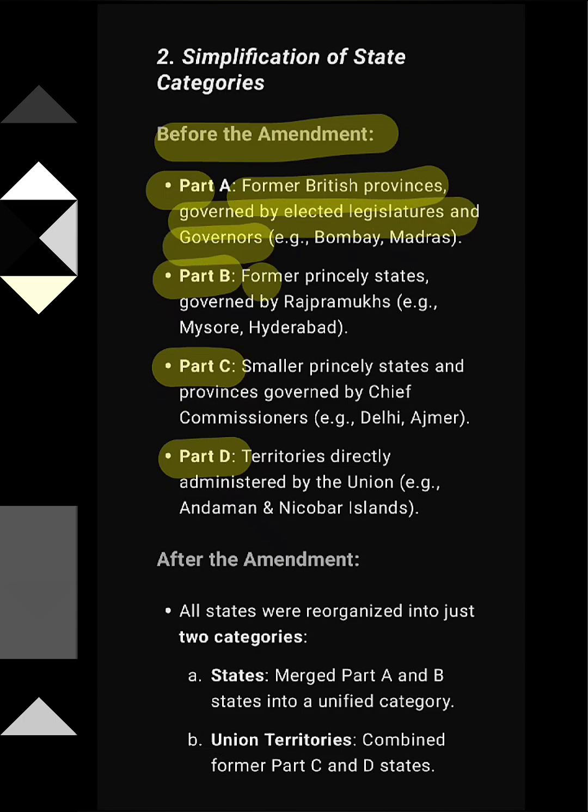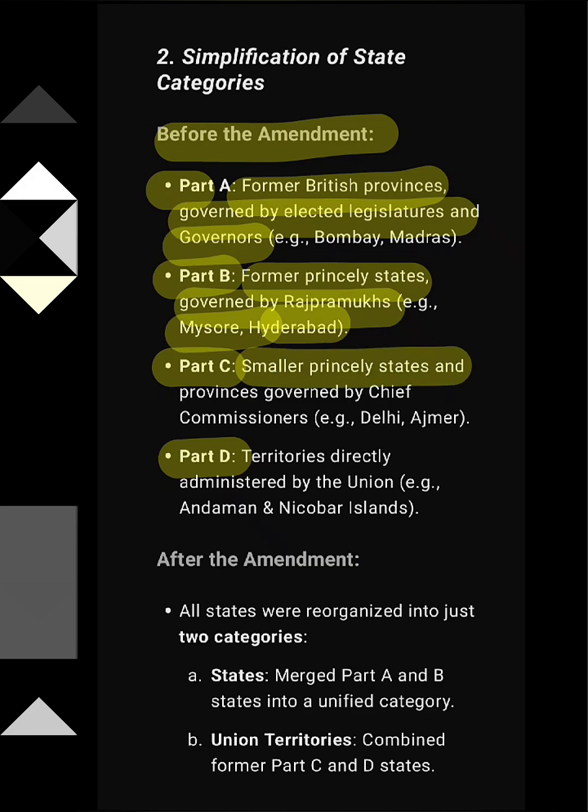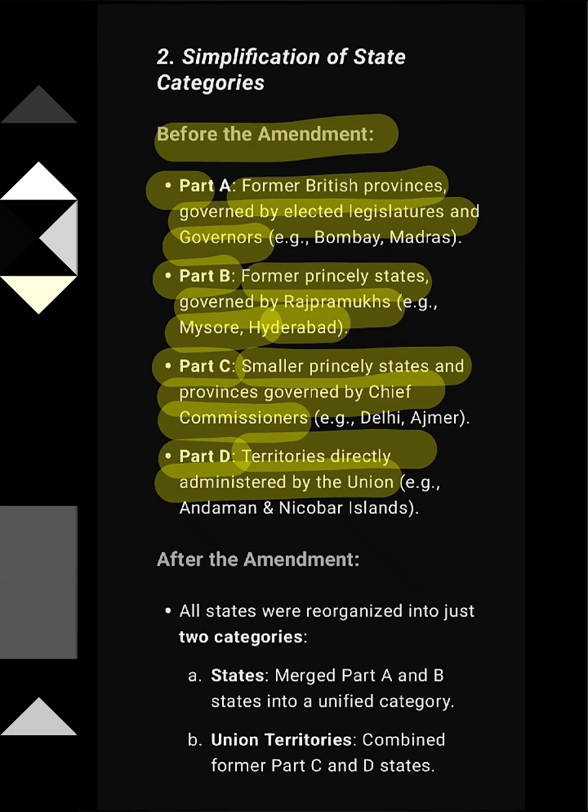Part B had former princely states governed by Raj Pramukhs, example Mysore, Hyderabad, etc. Part C had smaller princely states and provinces governed by chief commissioners, example Delhi and Ajmer. Part D had territories directly administered by the Union, that is the center, example Andaman and Nicobar Islands. So this is how the categorization of states was before the amendment.